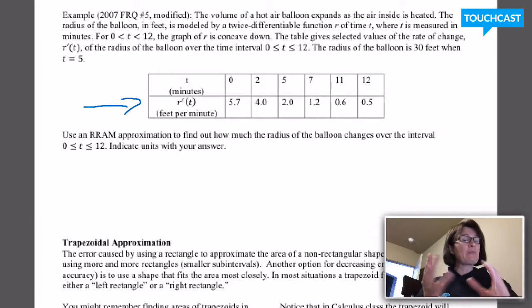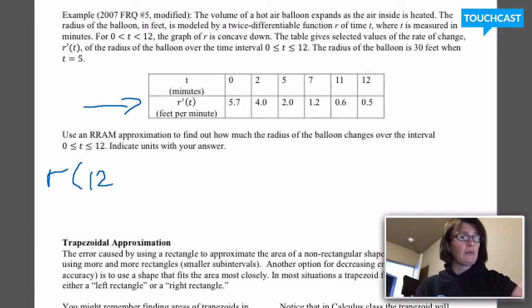So if I add up areas under the R prime curve, I'm going to have units of feet, so feet per minute times minutes, feet, which makes an appropriate unit for measuring the radius. So here I don't actually have an R prime function, but I have information in a table which I can use to find areas of rectangles.